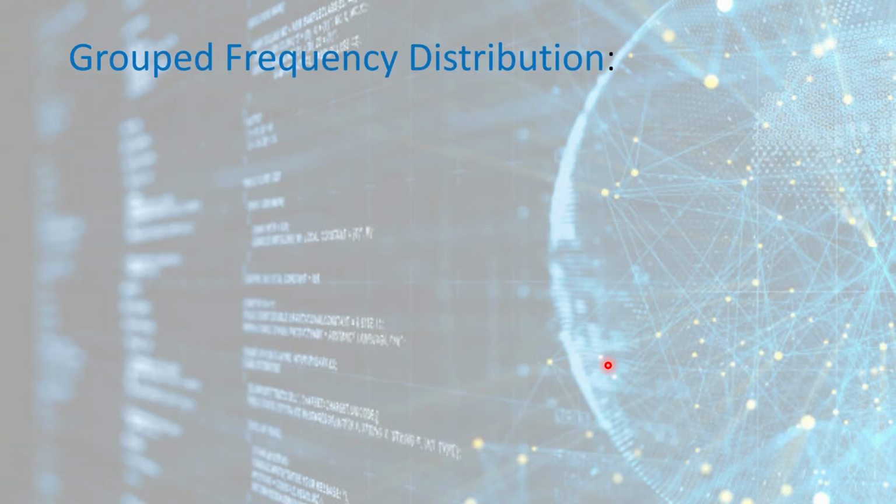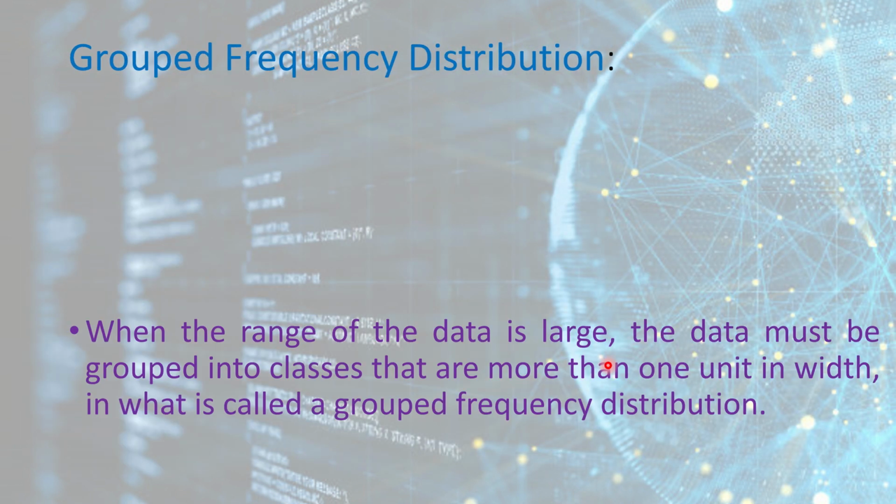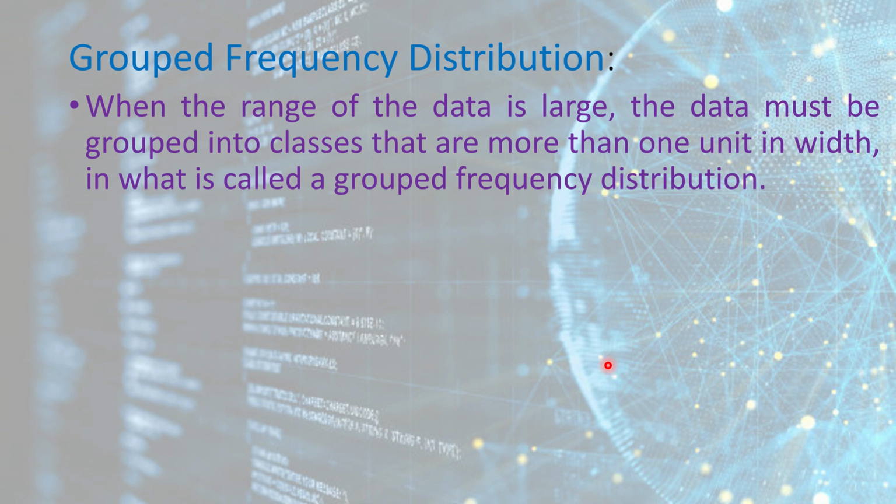If we talk about group frequency distribution, or the distribution of quantitative data, suppose we have a large data set. In statistics, the usual threshold for large or small data is 30. If the data is less than 30, we say it's small data.